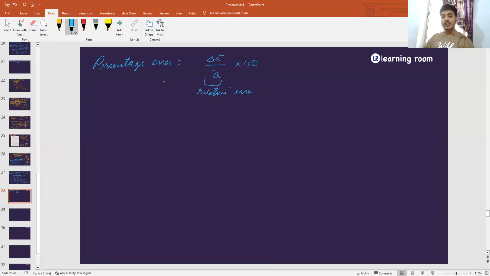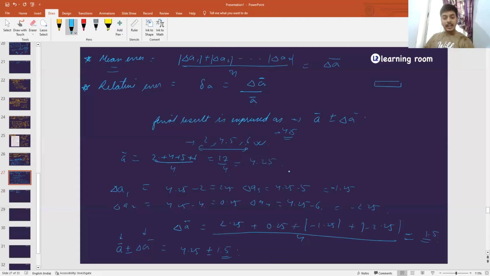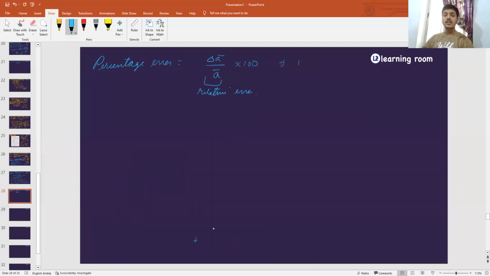Okay. So if I give you the example of the last case, I got the error as 1.5, exact value is 4.25. So what is percentage error then? So 1.5 by 4.25 into 100, this is my percentage error. Understood or not, everyone? Good.